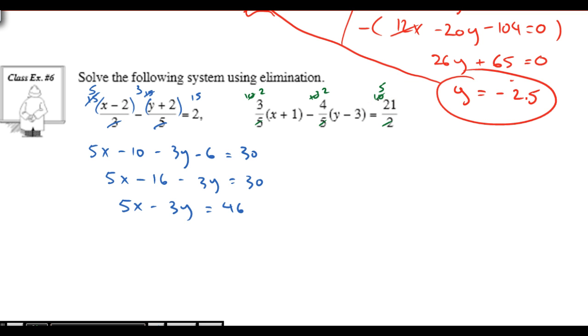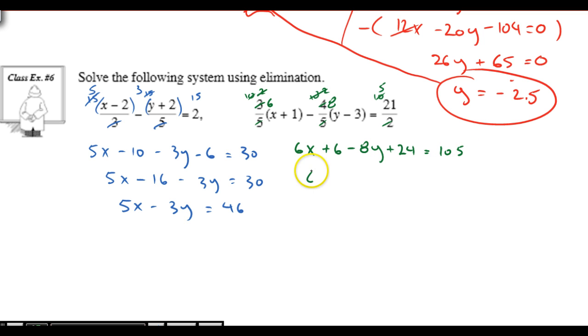So now we have, and then again, you have coefficients in front of the bracket. So 2 times 3 is going to turn into a 6. 2 times 4 is going to turn into an 8. And again, negative 8 here. And then 5 times 21. So now I can finally go ahead and do my distribution. So it's going to be 6x plus 6 minus 8y, and then plus 24 equals 105 over here.